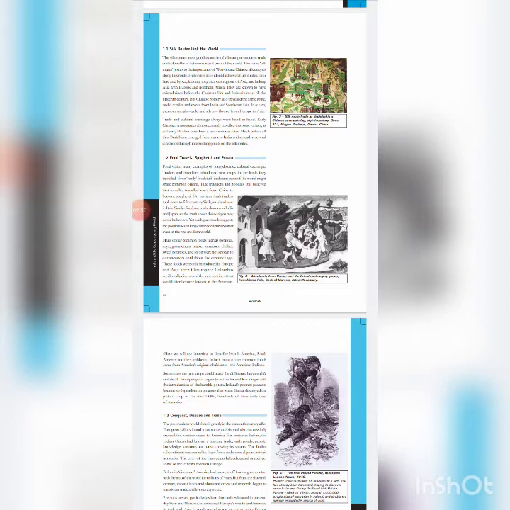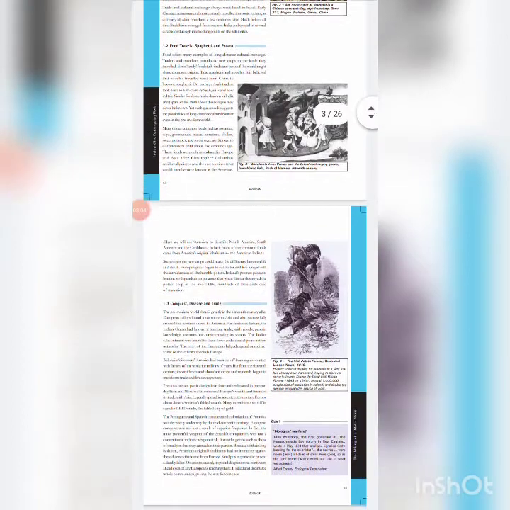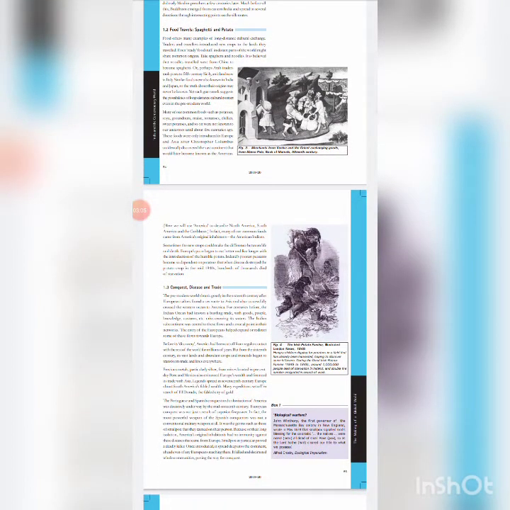Now, food travels, spaghetti and potato. Food offers many examples of long-distance cultural exchanges. New crops were introduced by traders and travelers. Ready foodstuffs such as noodles traveled from China to become spaghetti.